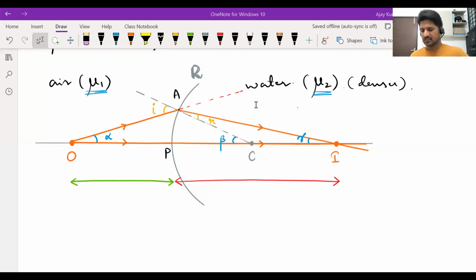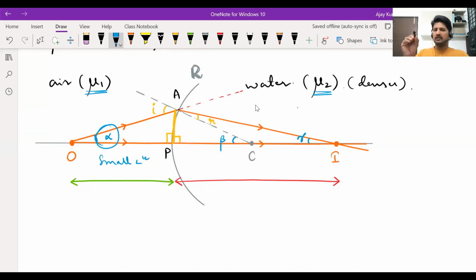Okay, now the approximation or the assumption we make while deriving the mirror formula, or even in this case, is that the point A is very close to P. If A is very close to P, AP becomes perpendicular to OP. Whatever we derive is based on this assumption. And for A to be very close to P, the angle alpha will have to be a small angle.